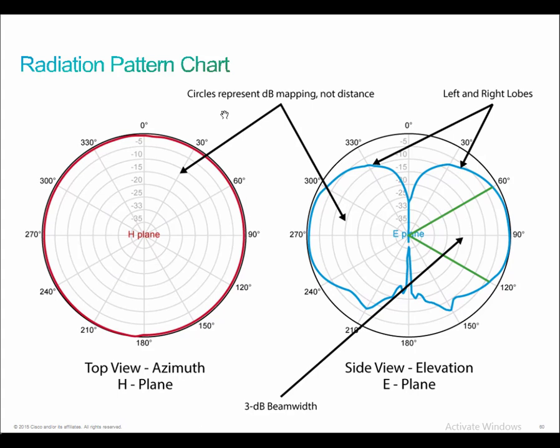It's not drawn on the diagram, but you can assume that it's part of that particular view. So you can see the horizontal plane. This is an omnidirectional antenna, so it makes sense that the horizontal plane is just going to be a circle because we're looking at it from the top down. We're not looking at the elevation of this particular radiation pattern.